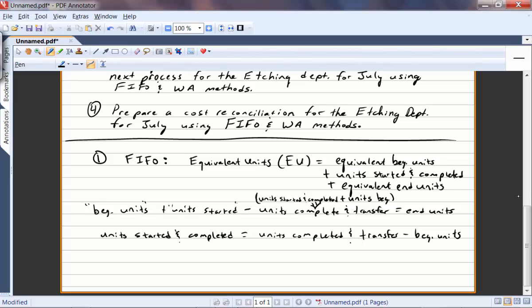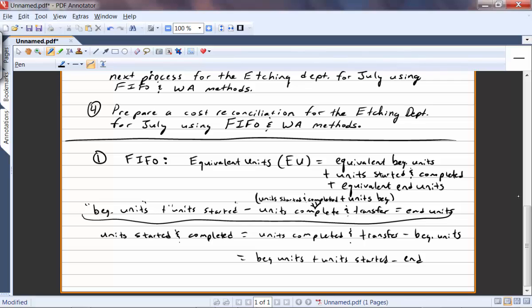All right, so here's a relationship. We can take this formula and solve for the units completed and transferred. It would be the beginning units plus units started minus the ending units.